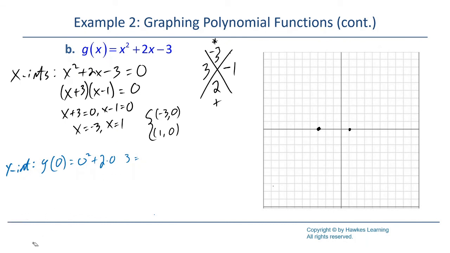The hard part about writing and talking is saying the right thing while you split your brain to do another task, which is just going to leave you with -3. So in this case, our y-intercept is the point 0, -3. So that'll go down here.